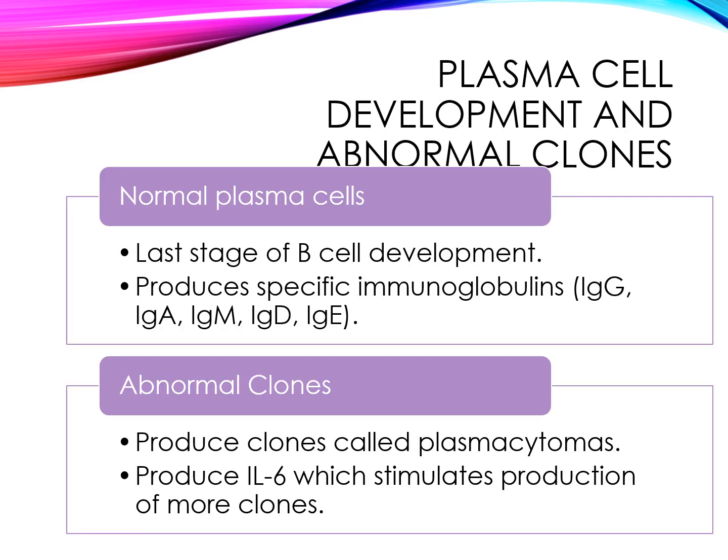If you think back to your immunology class long time ago in a universe or a galaxy far away, we learned about plasma cell development and what their job is. If you remember, normal plasma cells are usually the last stage of B cell development, and their specific job is to produce specific immunoglobulins.